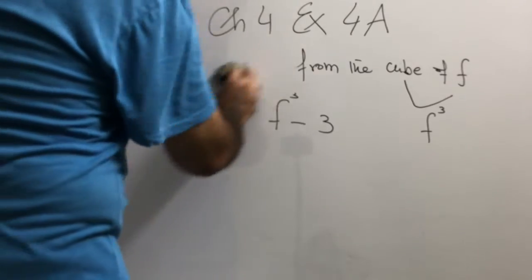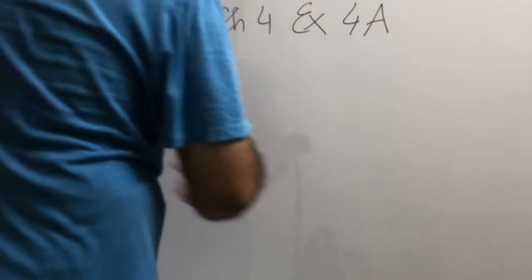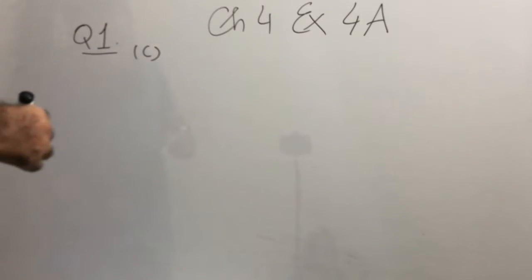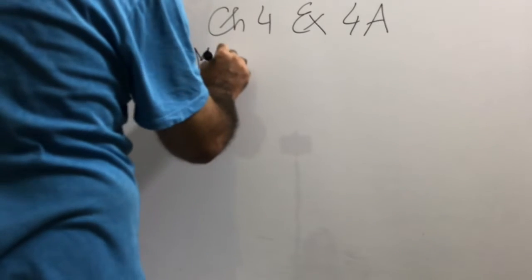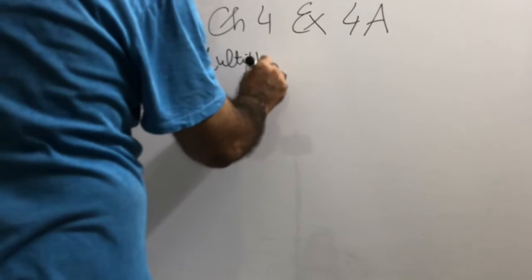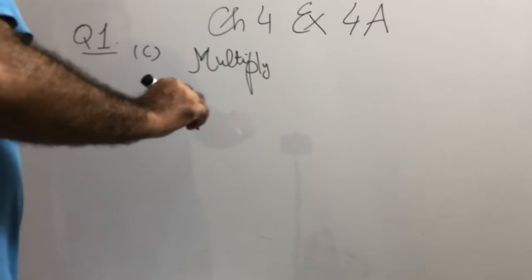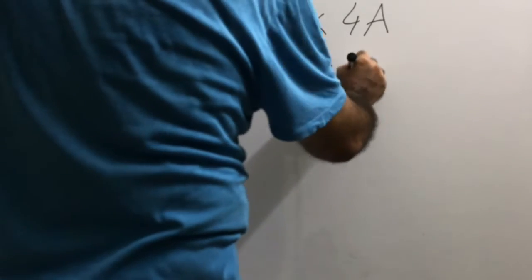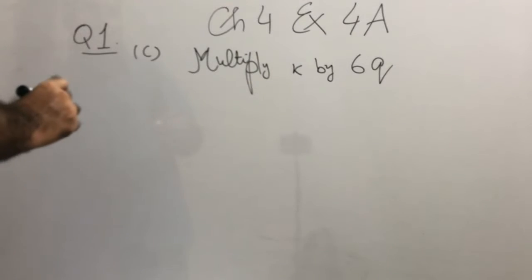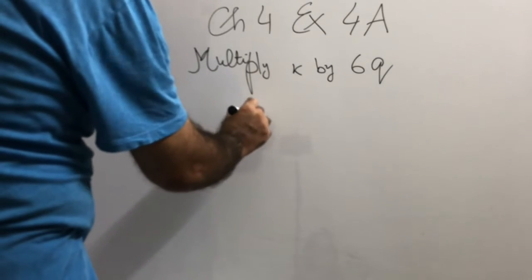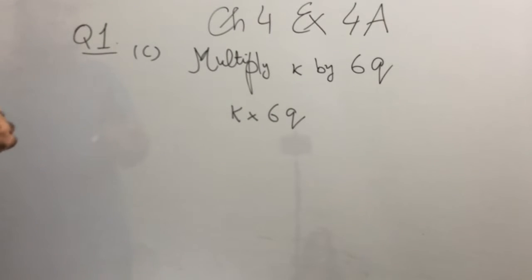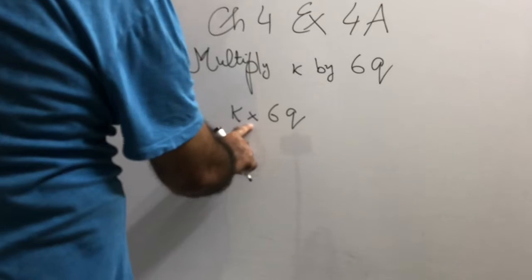Now we will move to part C. Part C says multiply k by 6q. We need to multiply, so it will be k multiplied by 6q, but we know that in algebraic language there is no need of writing this symbol of multiplication.